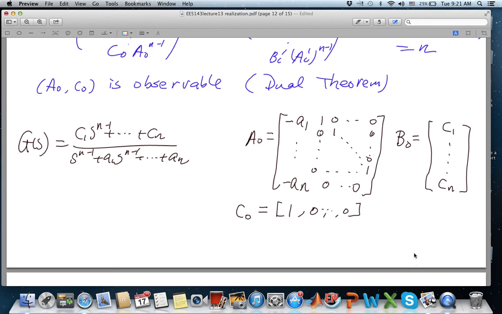With the same transfer function, we can have another realization where AO is going to be negative a1 to negative an as the first column, and then in the upper right, you can have an n minus 1 identity matrix and all the other elements will be 0. So your BO is going to be c1, c2 until you have cn, and your CO is going to be 1, 0, 0, 0, which is your previous controllability matrix B. This is your previous output matrix C, and here is the transpose of your previous AC matrix.